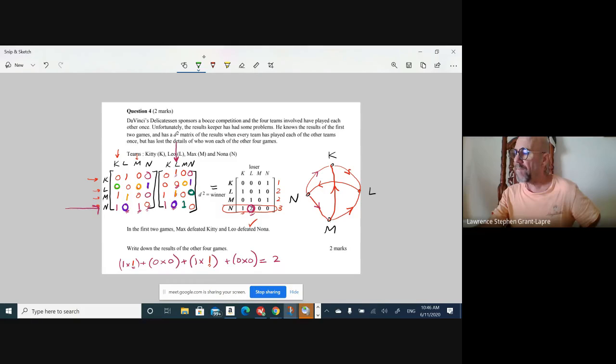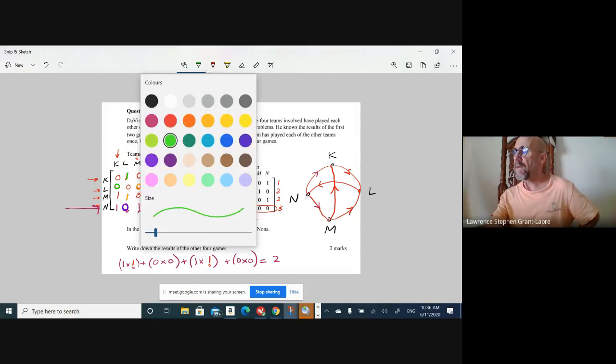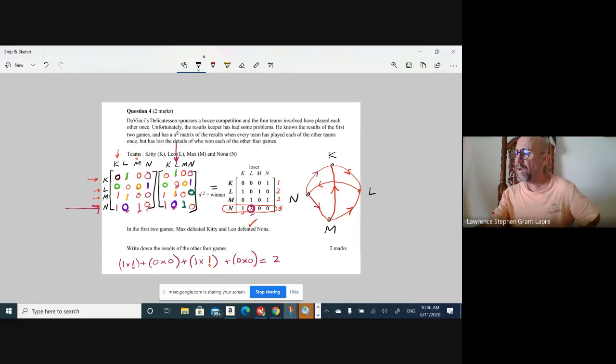L didn't beat K because K beat L. So we have these symmetrical 1s and 0s. We will always have 0s down the diagonal because each of those did not get to beat themselves. Now, if you check that, you will find that this is correct. 0, 1, 0, 0, so we get a 0. Let's check this one. 1 times 0, 0 times 0, 1 times 1, and 0 times 0. Okay, so we now know the full story.